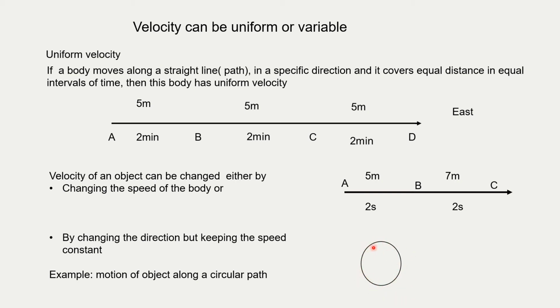So you can see from here it is moving towards the west, then the south, then the east, and it comes back to the north. Okay, so the direction has been changing, but the speed at which the object travels is constant. So the velocity of the object can be changed either by changing the speed of the body or by changing the direction but keeping the speed constant.